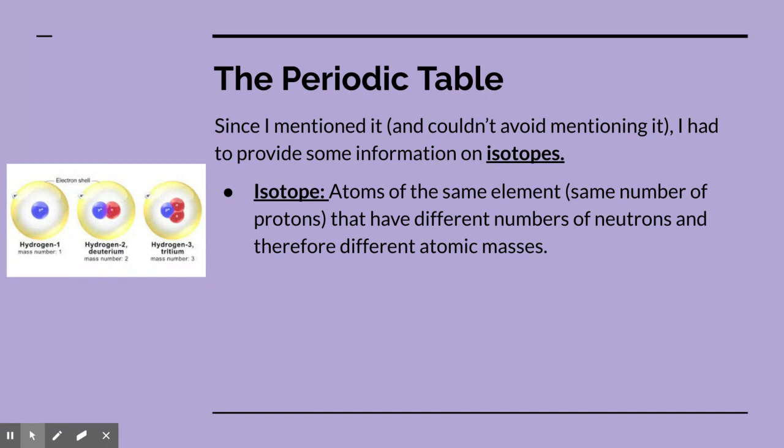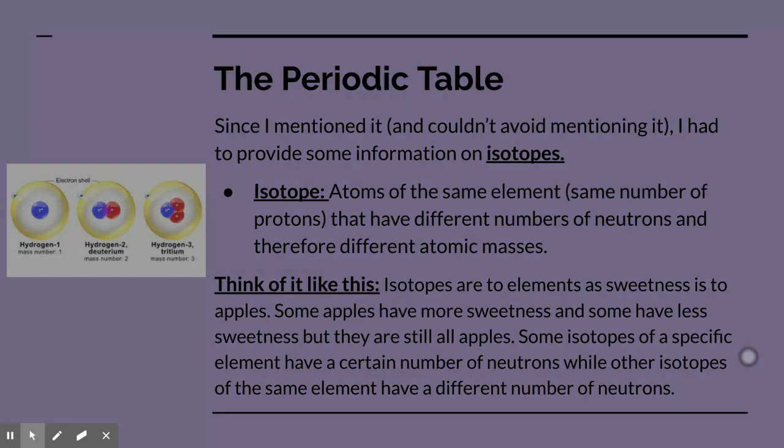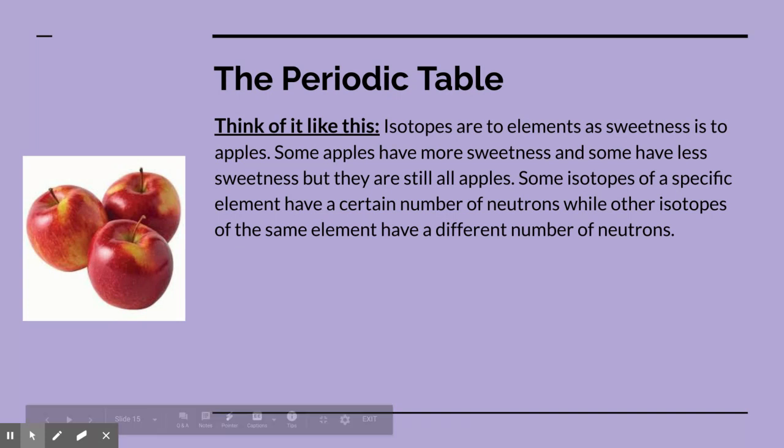It just changes the mass and changes some of the properties, depending upon the element. So think of it like this. Isotopes are to elements as sweetness is to apples. Some apples have more sweetness, some have less sweetness, but they are still all apples.